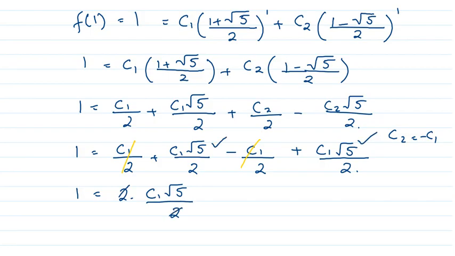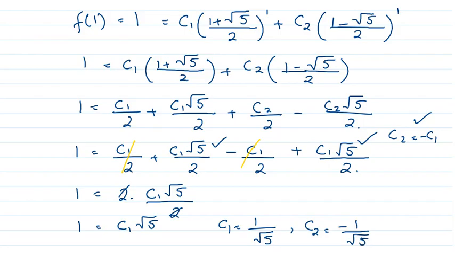So this is going to be 1 is equal to C1 times under root 5, or you can say C1 is equal to 1 by under root 5. And applying this, C2 is equal to minus 1 over under root 5, right?